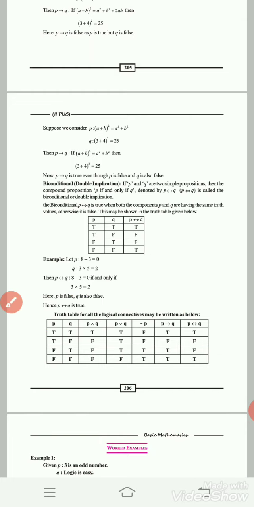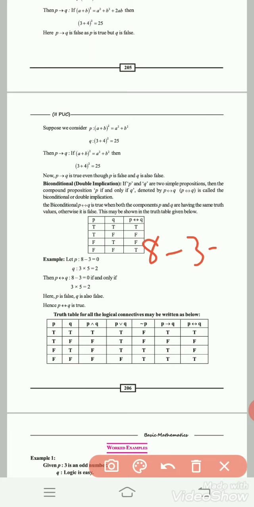For example, P statement is 8 minus 3 equal to 0. 8 minus 3 equal to 5, but here 0. Therefore, it is false. Next, 3 into 5 equal to 2. That is also false, because 3 into 5 is 15. Therefore, the first statement is false, the second statement is also false.